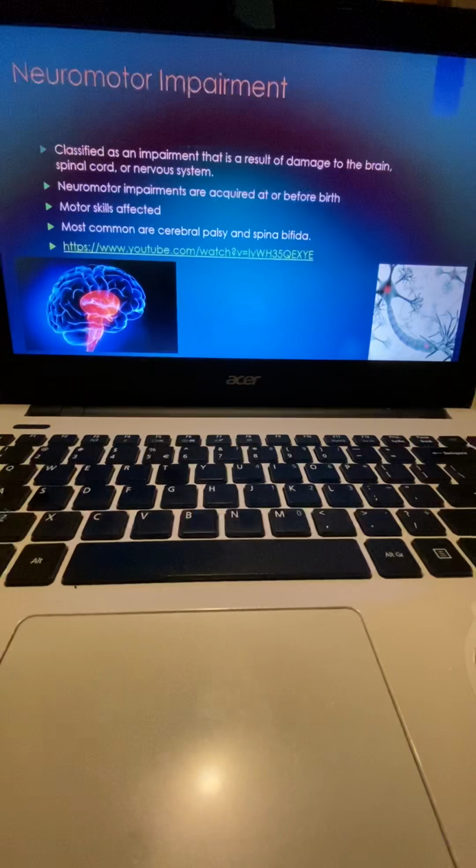This is a result, again, of damage to the brain. Cerebral palsy can cause abnormal, involuntary, or even uncoordinated motor movements. And many of you who are thinking of going into these fields of healthcare perhaps at one time have come across a situation or a patient who might suffer from cerebral palsy.